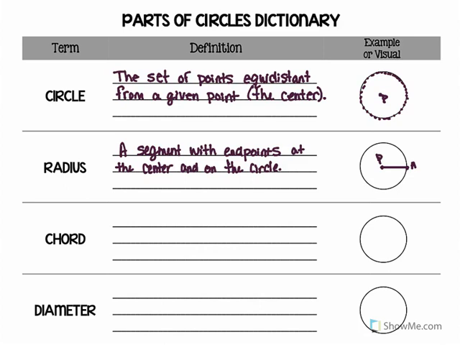Now a chord is a new one, and you're going to have to do a lot of stuff with chords. So this is kind of part of the reason why we're doing this. So a chord is a segment with endpoints on the circle.